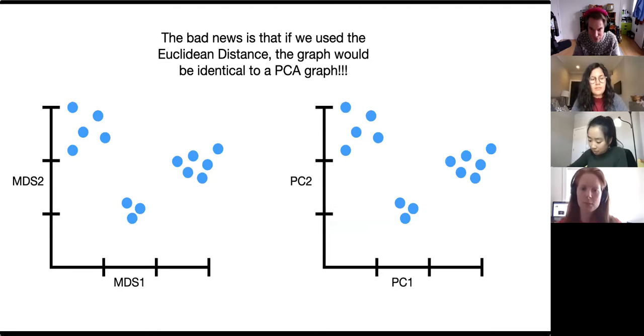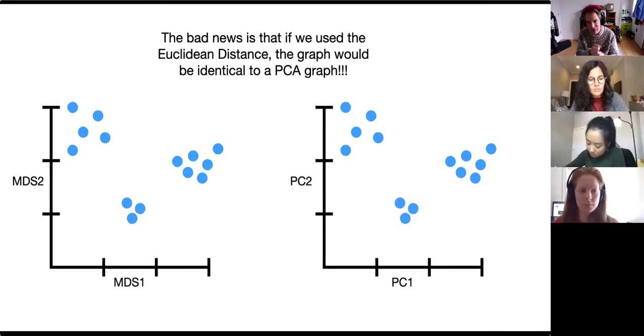The bad news is that if we use the Euclidean distance, the graph would be identical to PCA. So we've done PCA 3 different ways. We did it with singular value decomposition. We looked at it using covariances and correlations.